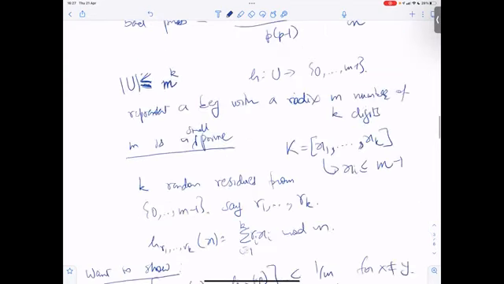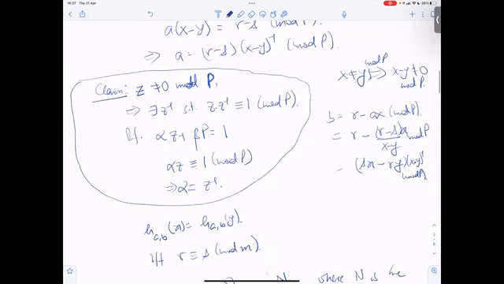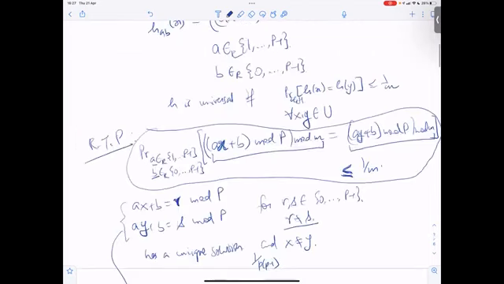So let's see. What are we fixing and what are we varying? The family is given by two parameters a and b, which are picked uniformly at random from 1 through p minus 1 and 0 through p minus 1. Okay?